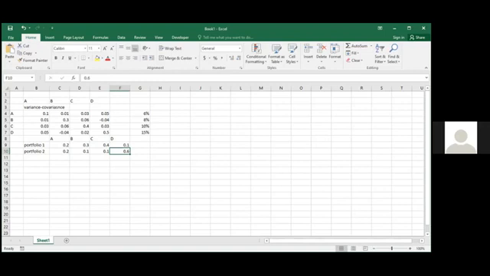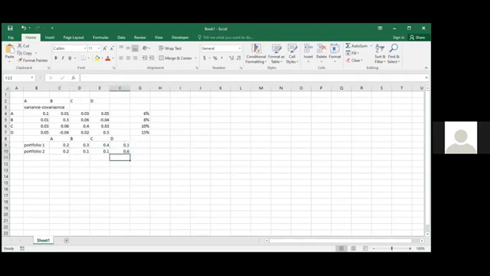Before starting the calculations, you must know how to convert column values into row values, and sometimes row values into column values. Here we have row values 20%, 30%, 40%, 10%.